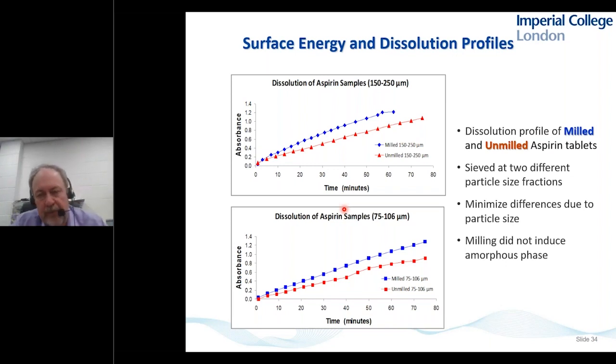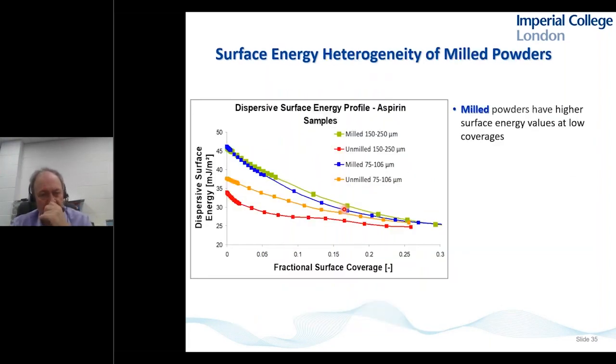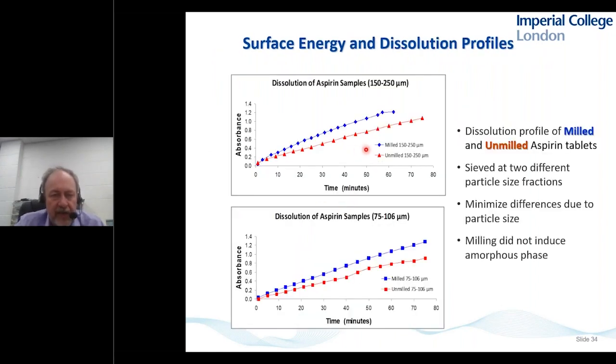So we have milled and unmilled aspirin materials here, and you can see that the dissolution profiles for these materials are different depending on whether they're milled or not. This relates to some extent to the surface energy of the materials, and here you can see the surface energies. The red materials are unmilled, so these are native crystals that were grown.